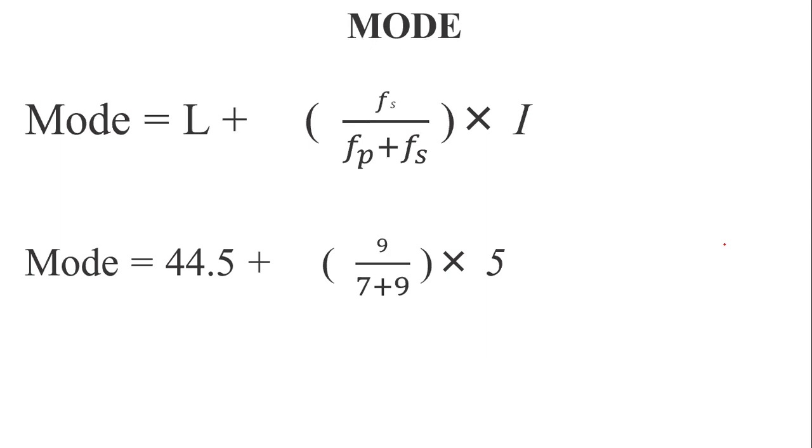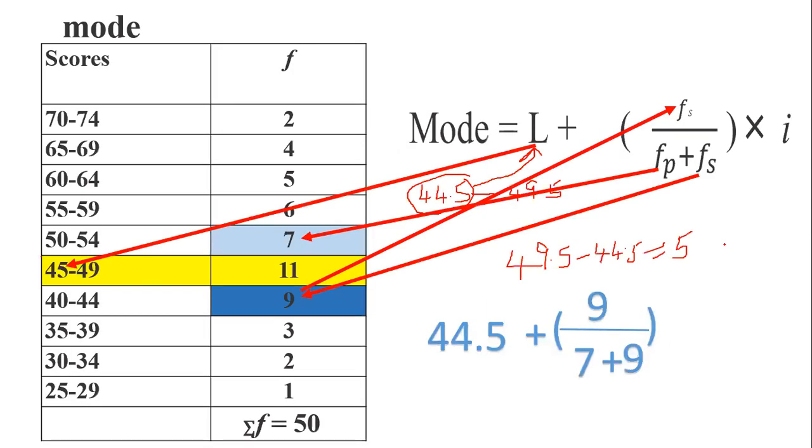We don't just go to the data and summarily say that the one having the highest frequency is 45 to 49, so we just pick 45 to 49. We have to do some calculation the way we have done here, and that is it.